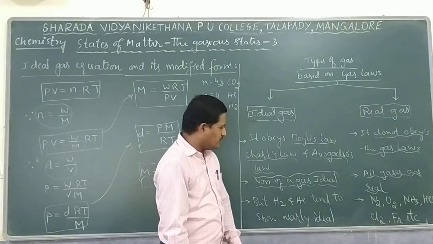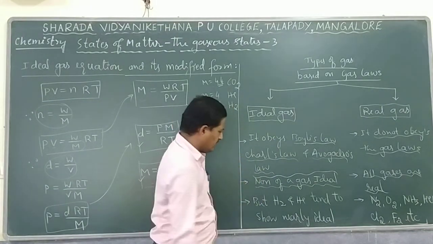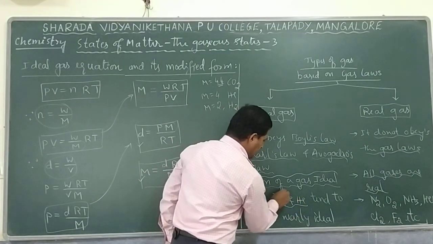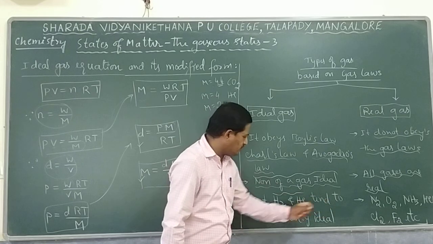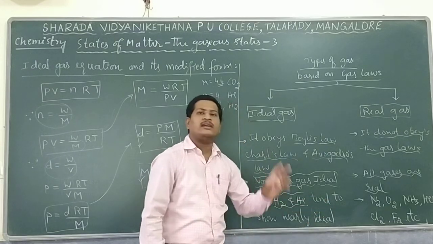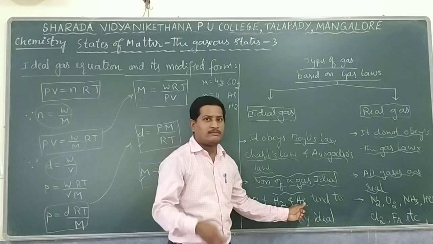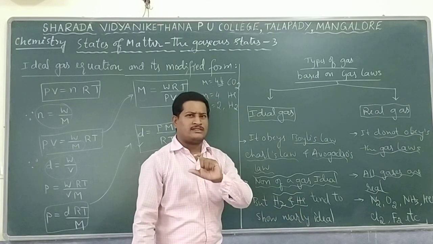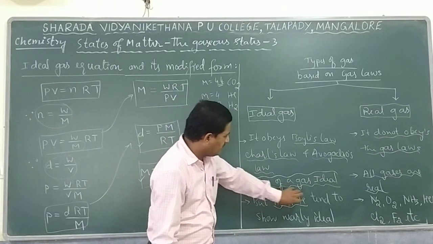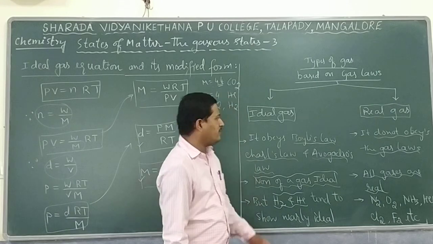But it is observed that if you vary the temperature and pressure to a little extent, hydrogen and helium, friends, you have to remember, show nearly ideal behavior. Actually, hydrogen and helium show real character to the maximum extent, they are real gases. But if you alter the temperature and pressure a little, their property shows ideal gas property. What is the meaning of ideal gas property?